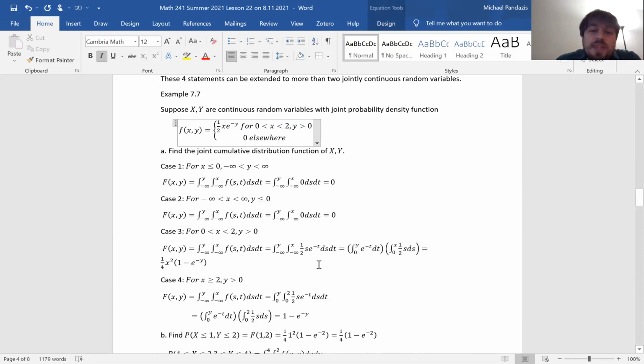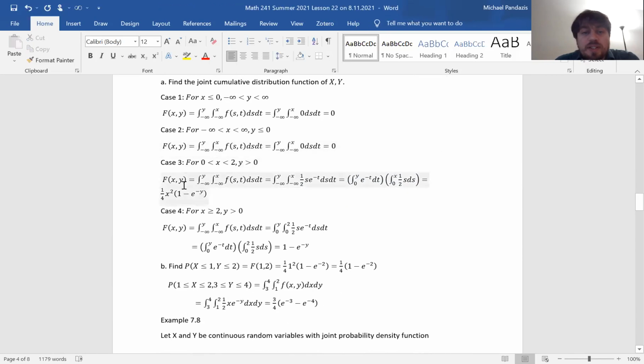Now when you double integrate this, notice that you can separate the s and the t expression. So you have 1/2 s because there's no t expression here. And then there's e to the negative t, which you put here. And so now you can just integrate both of them and multiply by their integrals. That's just how it sets up here.